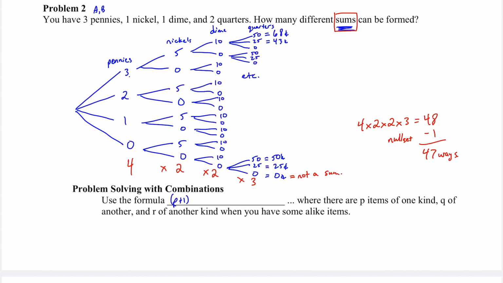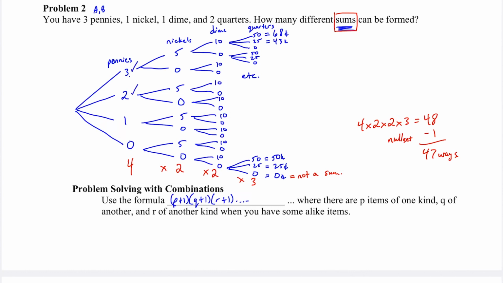So the formula is P plus 1 times Q plus 1 times R plus 1, and then we just keep going, where P items of one kind, Q of another, R of another kind, when you have some that are alike. So notice that, why would you have 4 options for 3 pennies?